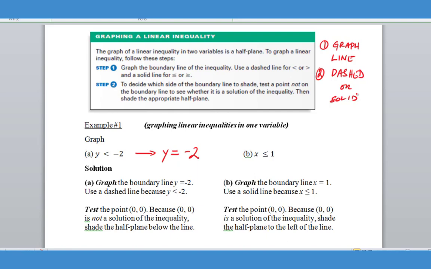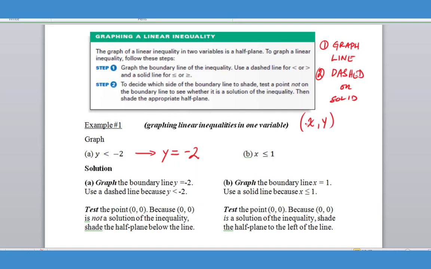Now, if we recall from a previous lesson, we talked about what a solution was. A solution for an inequality is all of the values or ordered pairs on the graph that make the inequality a true statement. You can see right now that we're only working in one variable, and I said every ordered pair that makes it a true statement.